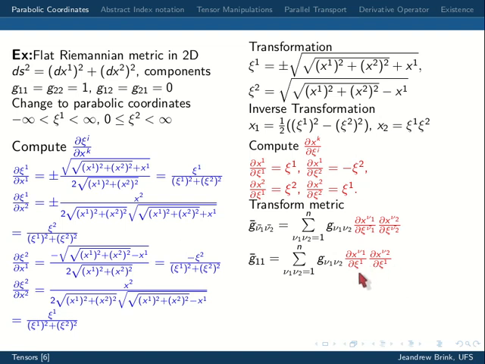If we write that out, that simply equals G11 times dx1, dxc1, dx2, dxc2, that's the first term, plus G12 times dx1, dxc1, dx2, dxc2, plus G21 dx2, dxc1, dx1, dxc1, plus G22 dx2, dxc1, dx2, dxc1.